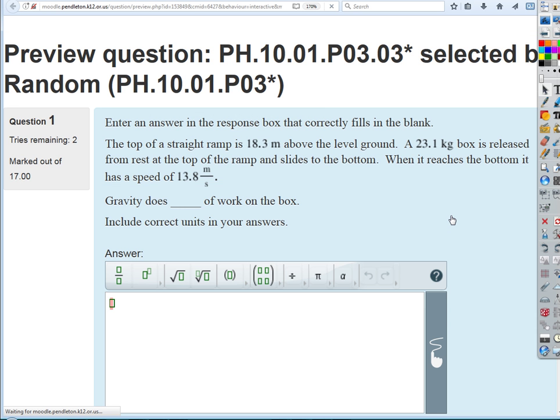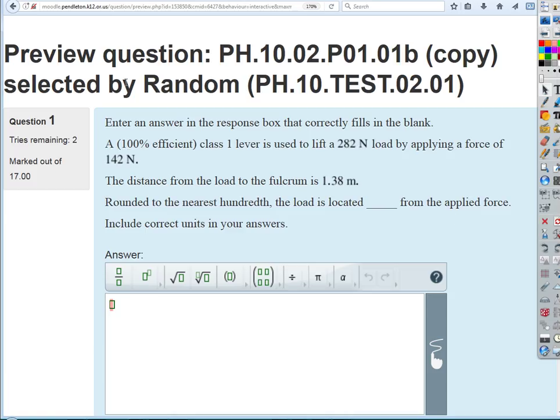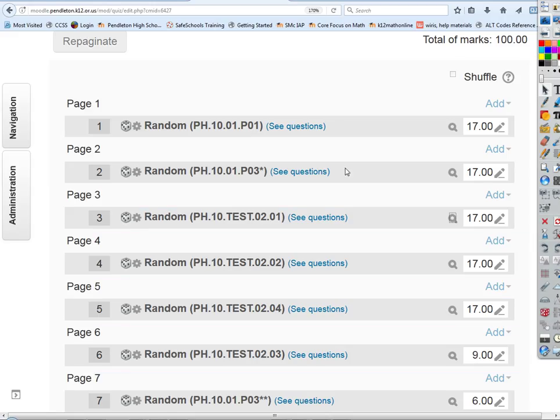Okay, so let's see what else we got here. Can we do one of the ones where it gives you the efficiency and you have to find the mechanical efficiency? Yes.